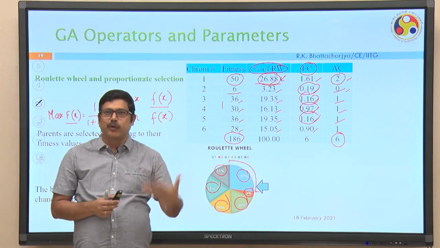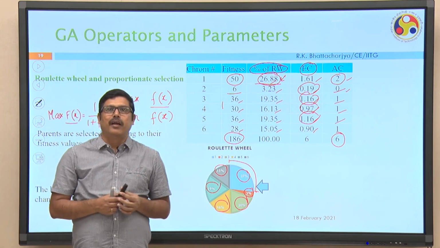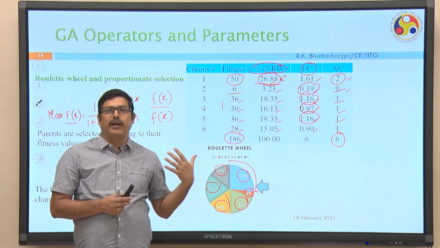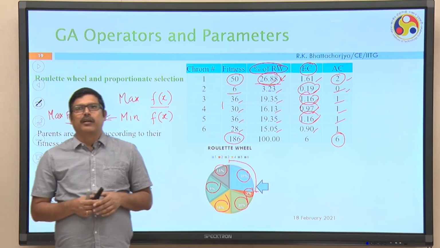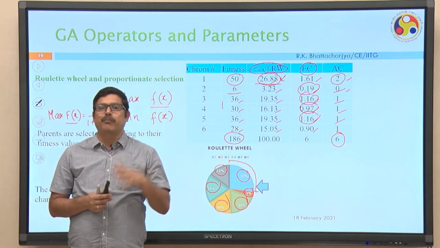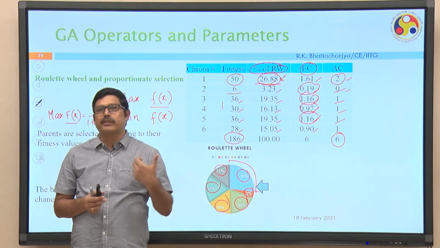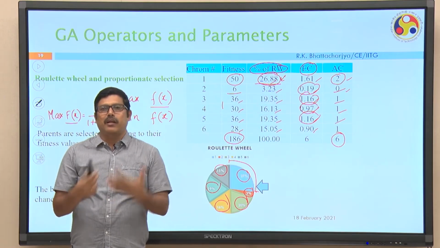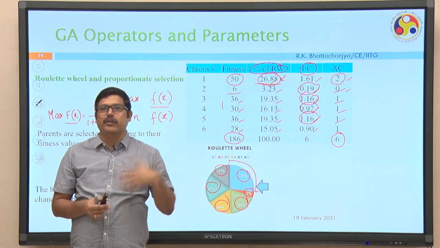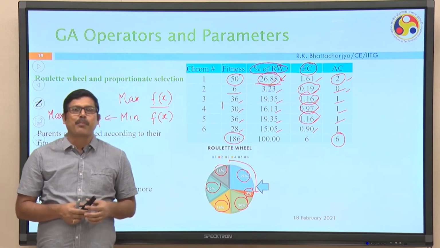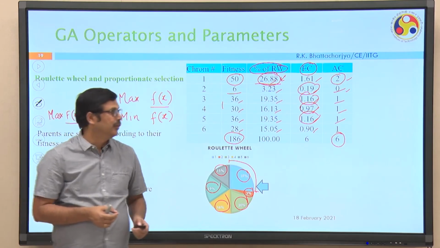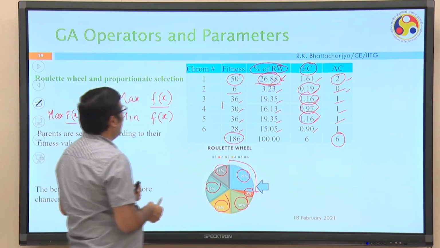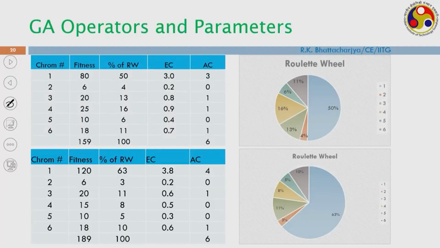You will have multiple copies of the better solution, and you are eliminating the inferior solution, and overall the population size should be maintained. In this case you had 6 solutions, and after implementation of the operator, you are again getting 6 solutions, but with multiple copies of some of the solutions. I hope this is clear to you.